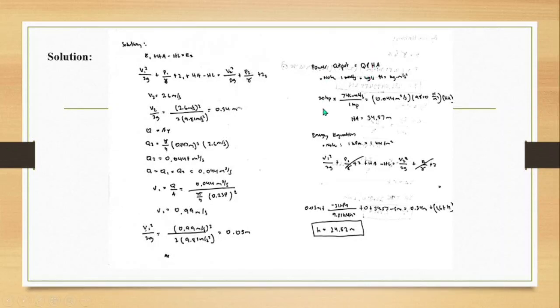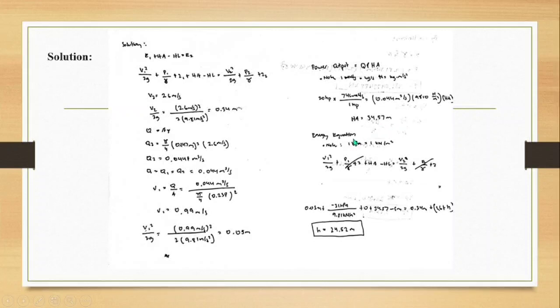Our given power output is 20 HP times 746 watts, a constant, over 1 HP, equals 0.04 meter cube per second times 981 joules over meter cube, times HA, which is what we are looking for. Calculating, HA equals 34.57 meters.